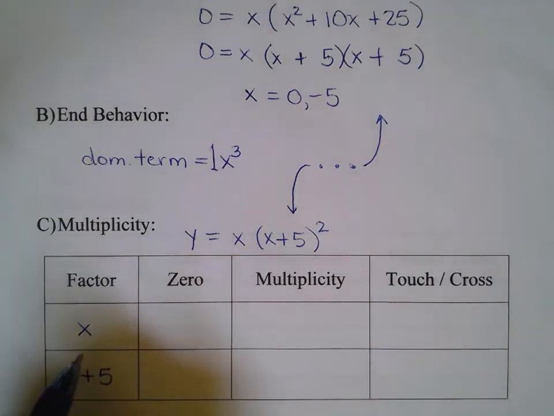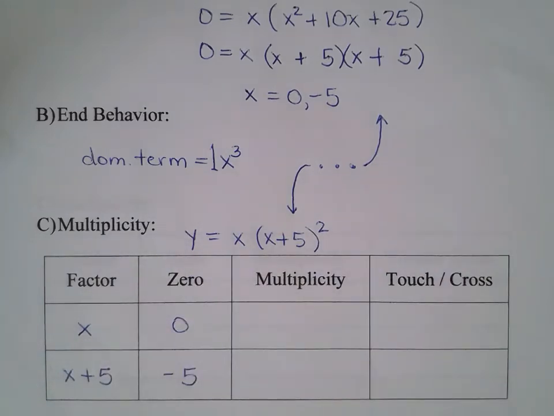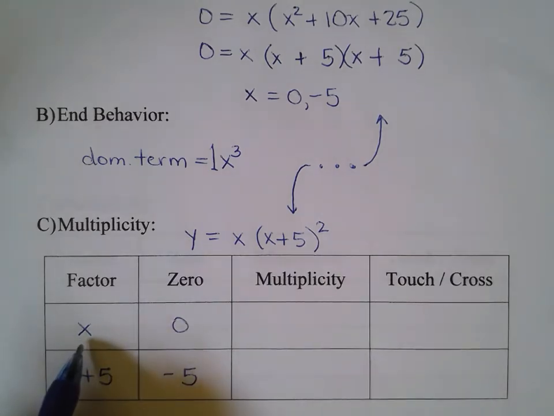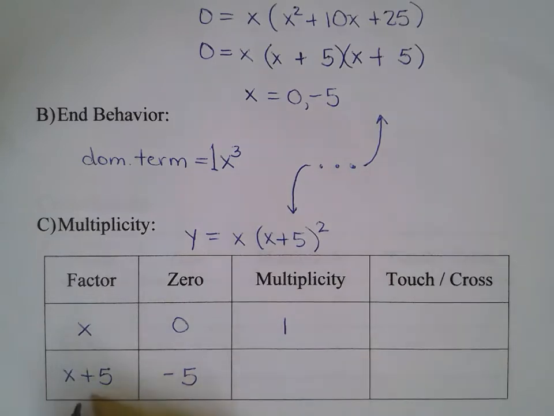We've already talked about the zeros, so if I set each part equal to 0, that's going to give me the zeros that I have found. Okay, how many times does x happen? 1 time. How many times does x plus 5 happen? 2 times.